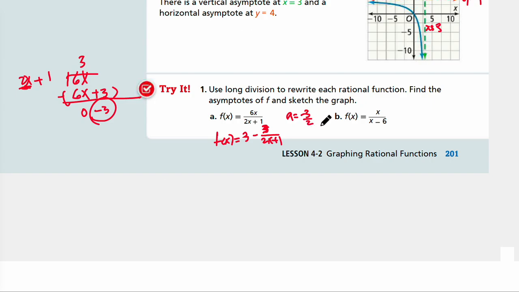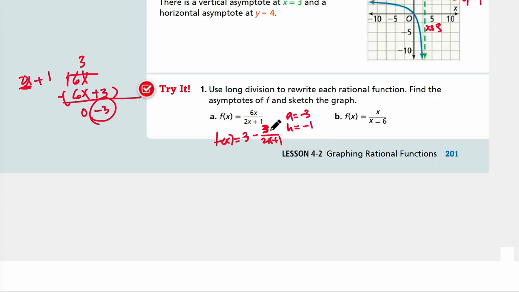Well, if we say the parent function is 1 over 2x plus 1, then we don't have to worry about that. Let's say the parent function is 1 over 2x plus 1 instead of 1 over x plus 1, and then a is negative 3, and h is negative 1, because it's plus 1.